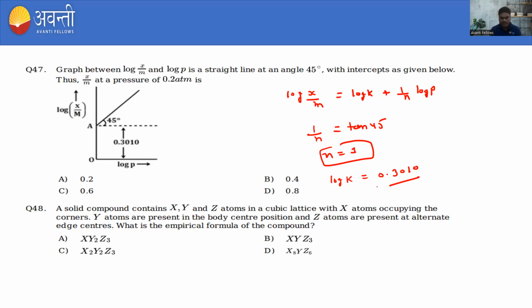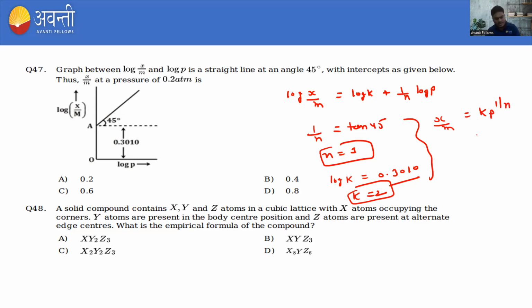Okay. So if log k is this, then what is k? k comes out to be 2, right? Because log 2 has this value. So we can compare and calculate the value of k. So if you know the value of all these things, you can easily put the values. So how will you put the values, beta? We know the equation x/m is equal to k p raised to the power 1/n, right?